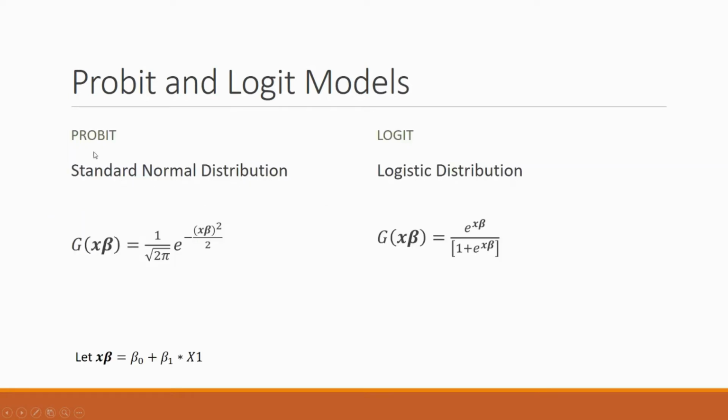For a Probit model, we are assuming a standard normal distribution, and for a logit model, we are assuming a logistic distribution. Here's the functional form of those distributions. I use as shorthand this x beta in bold to indicate the linear function of the independent variables.